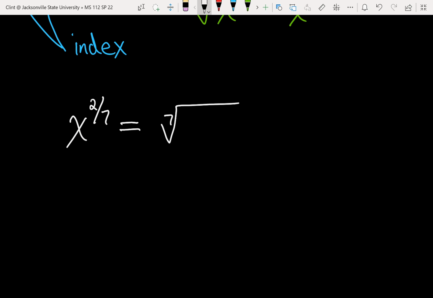So we would have the 7th root. And then what would be underneath the radical? X to the second, x squared. So we just want to be able to go back and forth. We want to be able to switch from exponent form to radical form, from radical form to exponent form.